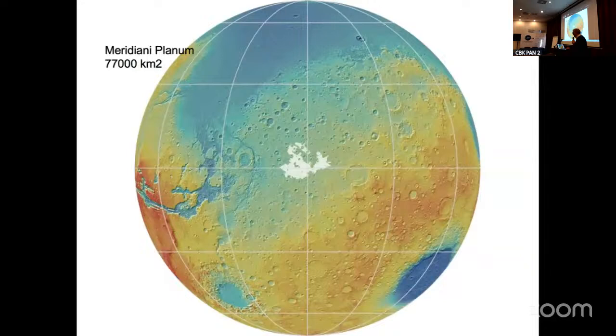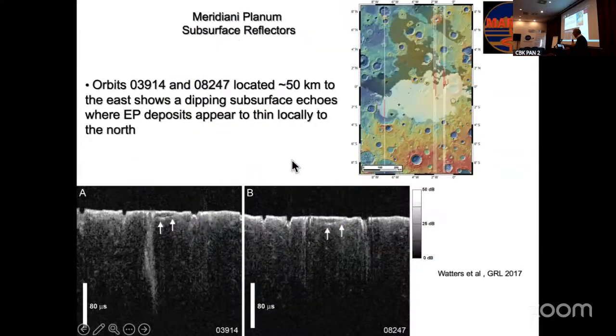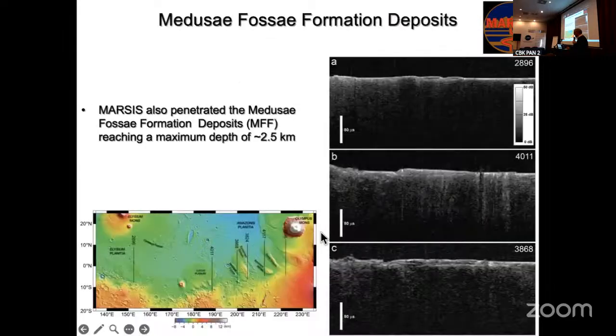Going faster. These are a different type of measurements in this equatorial zone, in which we can also detect the presence of subsurface. We don't know really if this is ice or not, but we detect some layering. And this is in different parts of Mars also, on different orbits.